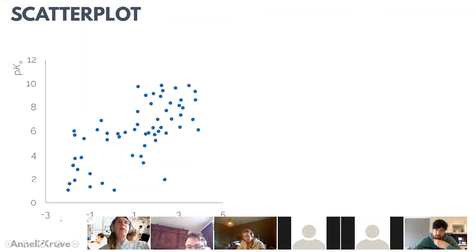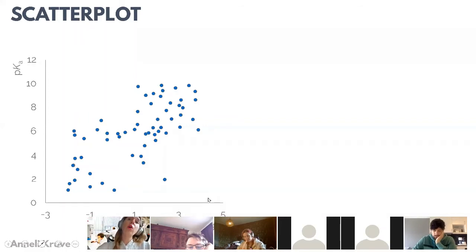Then there are scatter plots, and scatter plots are basically dot plots where each of your dots has 2 dimensions, the y dimension and the dimension plotted on the x-axis. So for example, here I'm showing how the pKa and the log p-value of a data set changed.